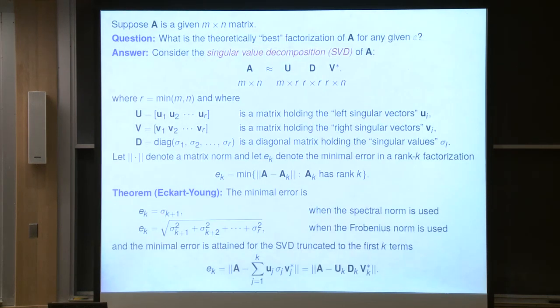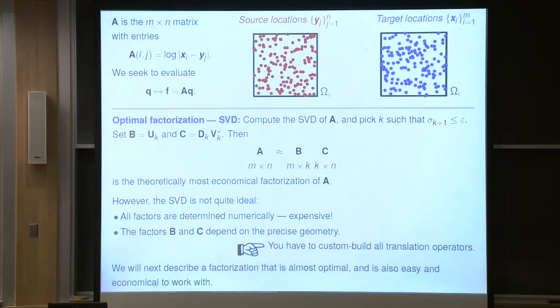This is the remainder term in the spectral norm. This is in the Frobenius norm. But if this is an exponentially decaying series, then it's really dominated by its first term. So there's not much of a difference between whether you measure the remainder in the Frobenius or the spectral norm, which simplifies numerical work tremendously. So we're exploiting the fact that we're looking at fairly special matrices here.